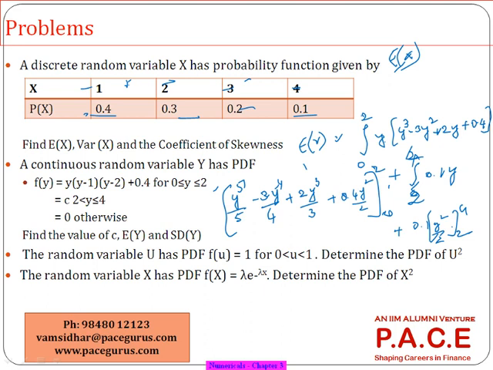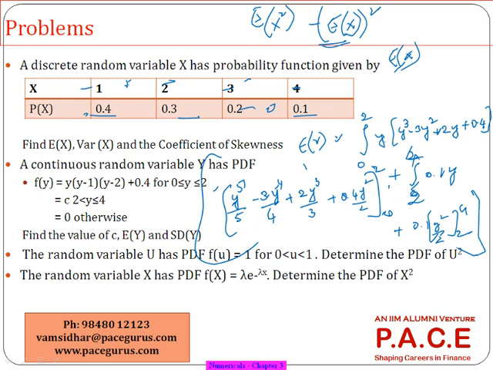Now, how do we get the variance or the standard deviation? The variance formula is expectation of x squared minus expectation of x whole squared. Expectation of x we just got. This is your expectation of x, whatever value comes. So I have to find E of x squared. How do I get E of x squared?